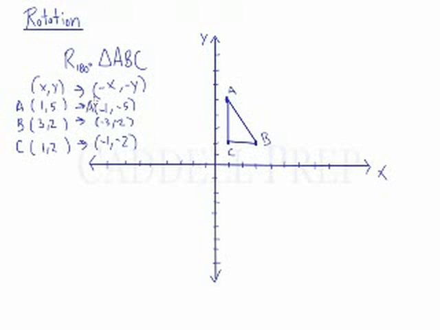So this is A prime, B prime, and C prime. A prime is (negative 1, negative 5). B prime is (negative 3, negative 2).